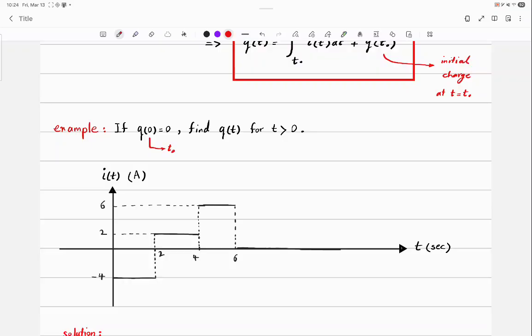And between 2 and 4, it goes from negative 8 to negative 4.